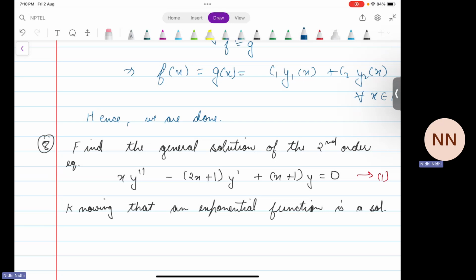Now, if we can find a second linearly independent solution, then using these two solutions we can get the general solution. We already have that e to the power x is a solution. We are given that this is a solution to equation 1. If we can find some y2 such that these functions are linearly independent, then we can find a general solution to the problem 1.